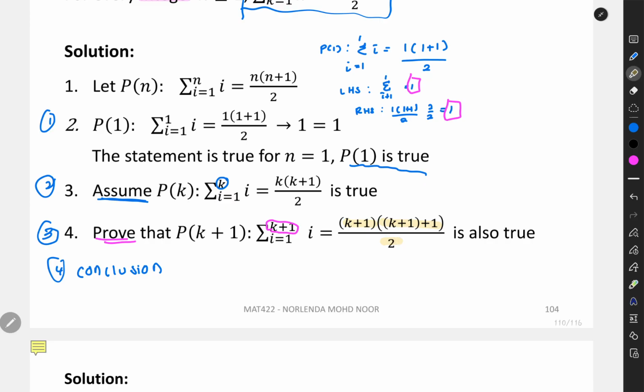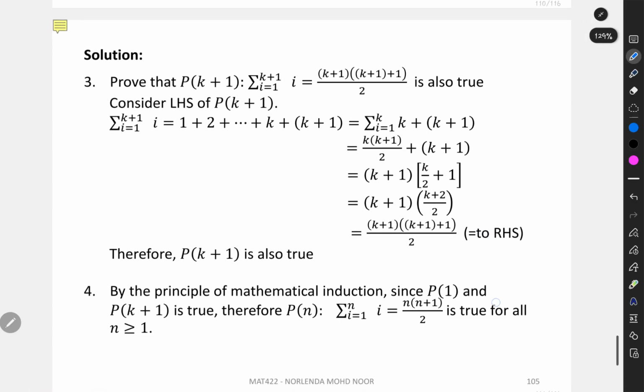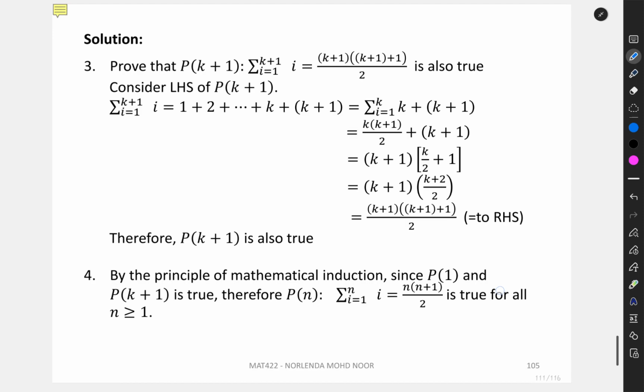Okay. So macam mana kita nak ikan statement nombor 3 ni? Prove the P of k plus 1. Okay. This is the step ya. Okay. Alright. So let's consider the left hand side of your P of k plus 1.